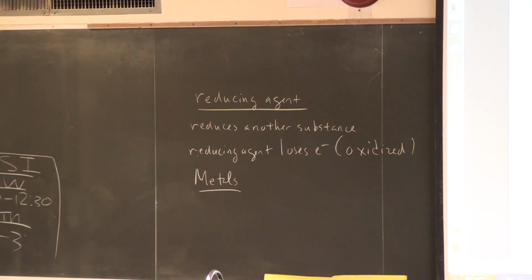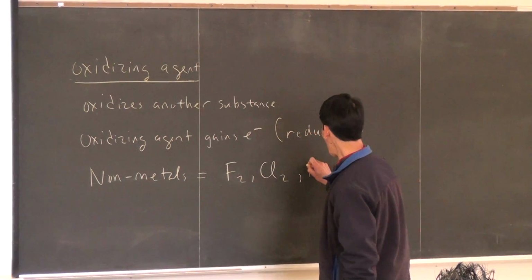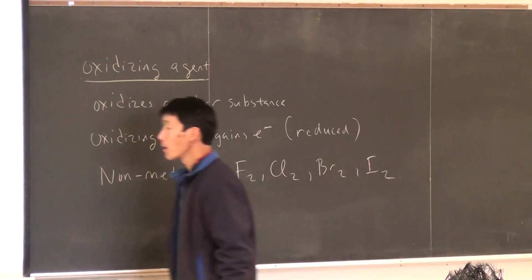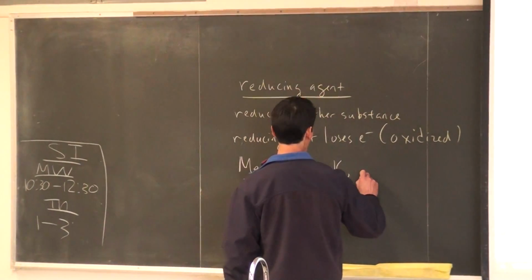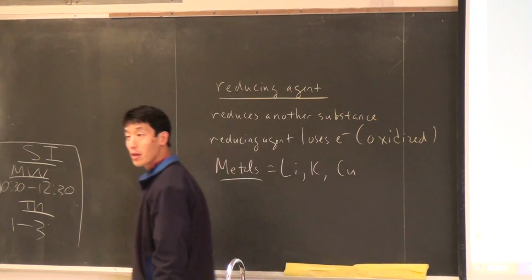Yeah, these are non-metals. So some of the non-metals you were telling me about fluorine and chlorine and bromine and iodine, and for the metals, say lithium and potassium and copper, and you mentioned a few other ones too.